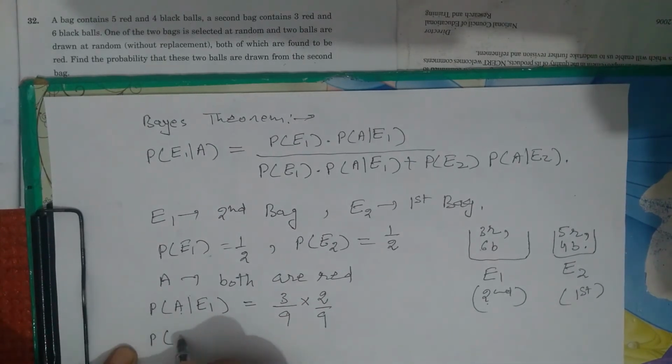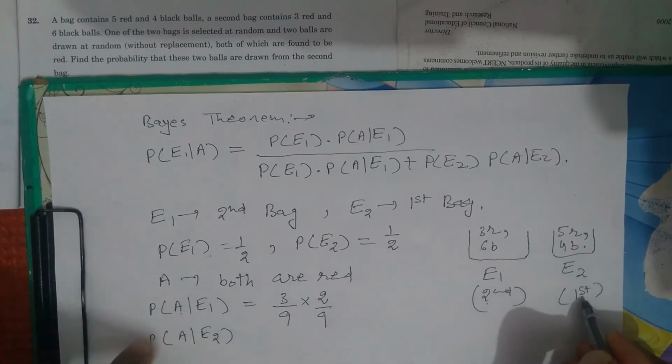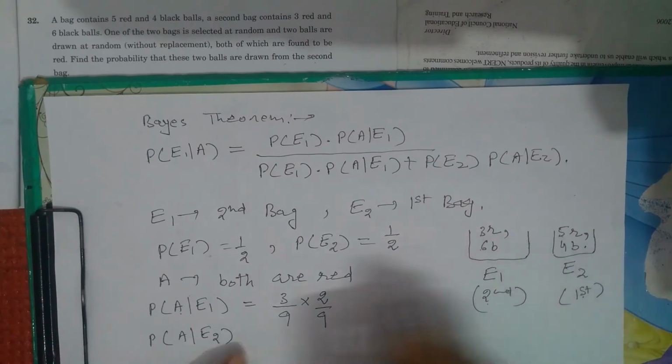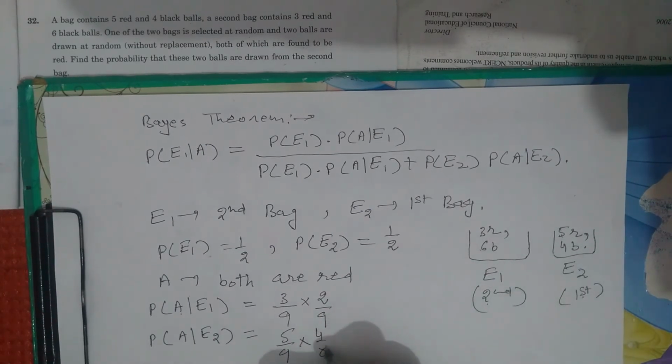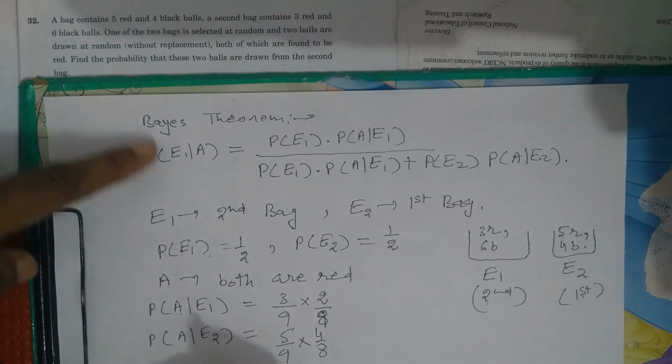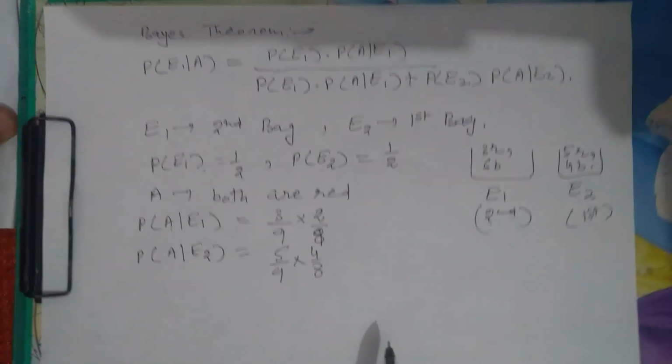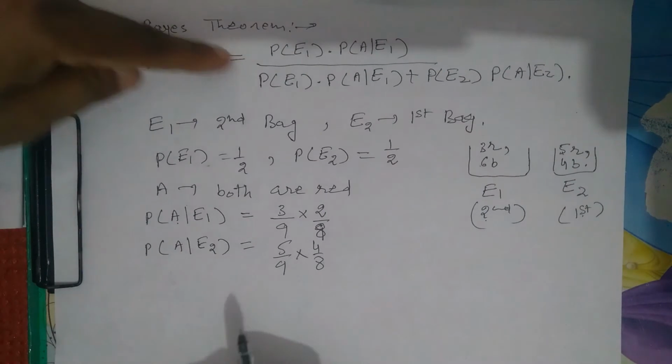Similarly, probability of A given E2, that is from the first bag, 2 red balls are drawn. This means 5 upon 9 into 4 upon 8. Second time this was 8. Right? Now we substitute these values in the formula we have written above.